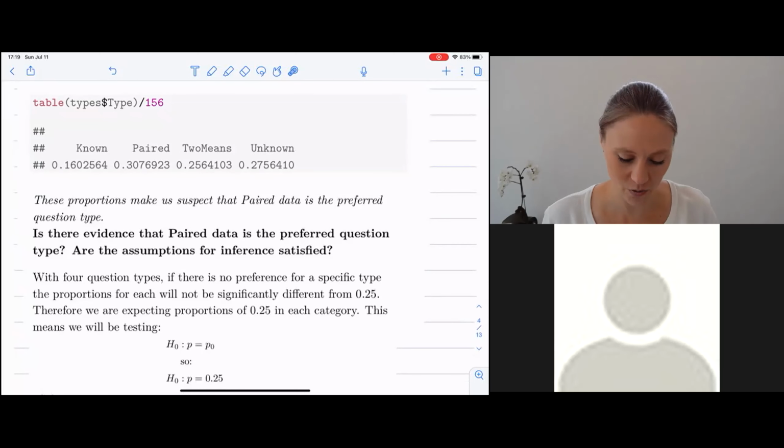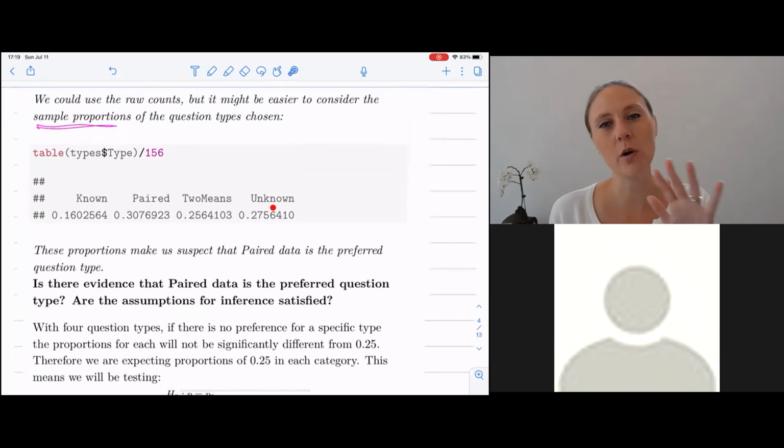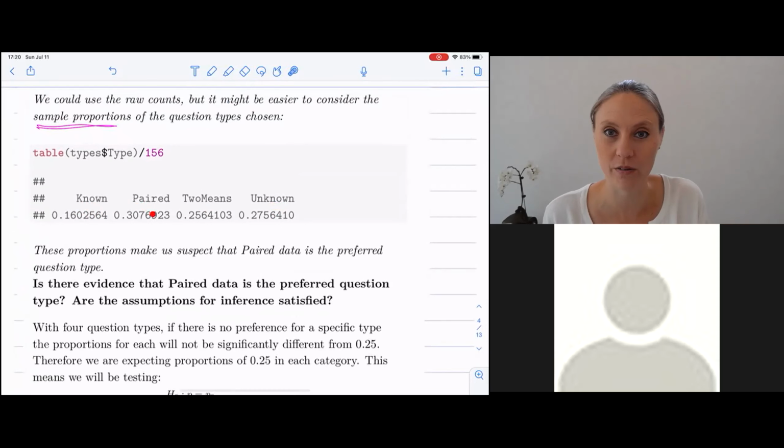But because we have 4 different categories here, if there was no preference, what would you expect? You would expect 1 out of 4, or 1/4, of the students to pick sigma known, 1/4 of the students to pick paired, 1/4 to pick two means, and 1/4 to pick sigma unknown questions, right?